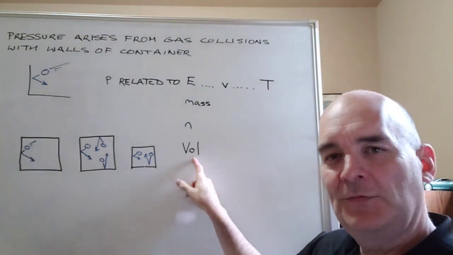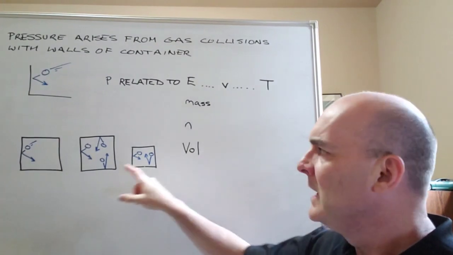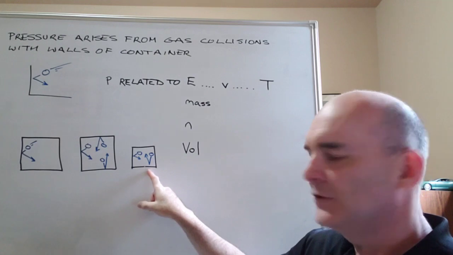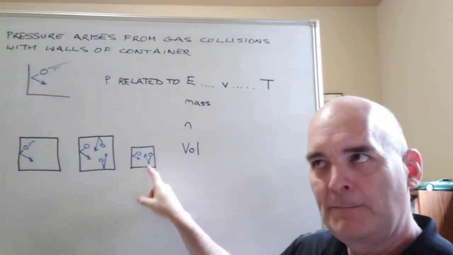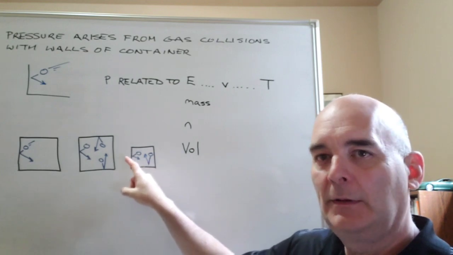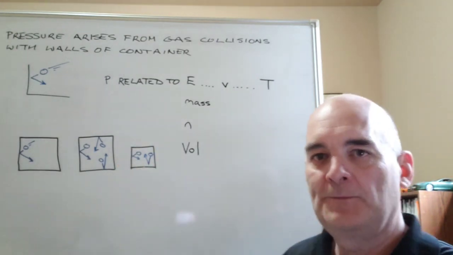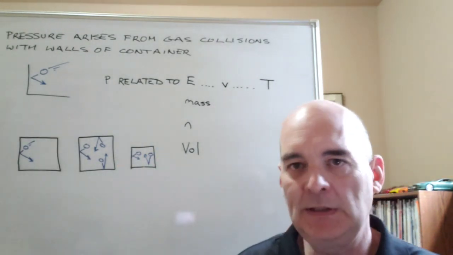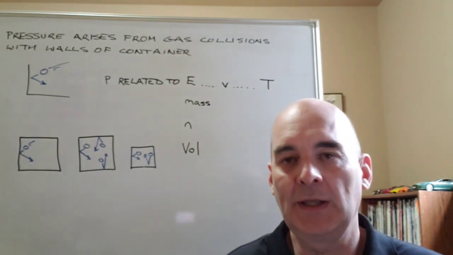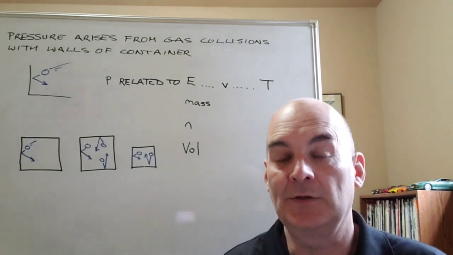And then that brings us to volume. If I shrink the volume of the container down to something smaller, then the particles travel less time from wall to wall. It means that the time between collisions is shorter. So I get more collisions per second.